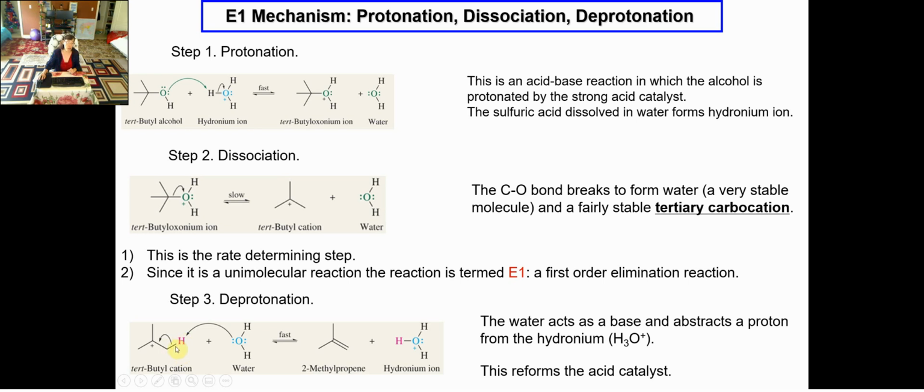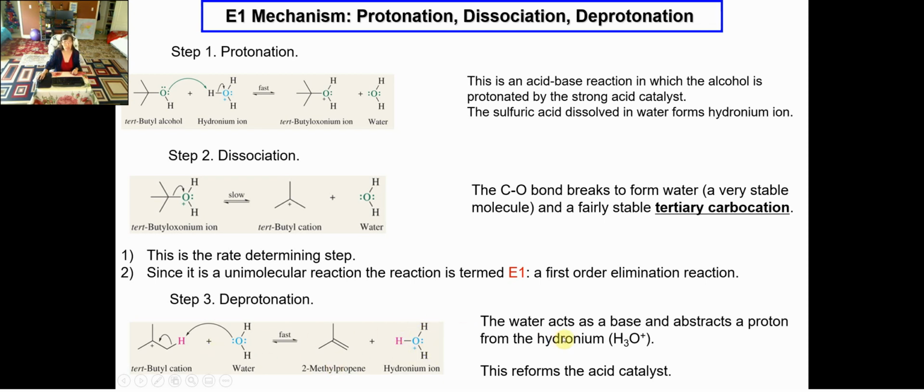This hydrogen leaves without the electrons as a positively charged ion, attracted by the oxygen end of water. Then the carbon takes the 2 electrons, so it is neutralized. Therefore, you form a carbon-carbon double bond. That's how your 2-methylpropene is going to be produced, and then you produce your hydronium.